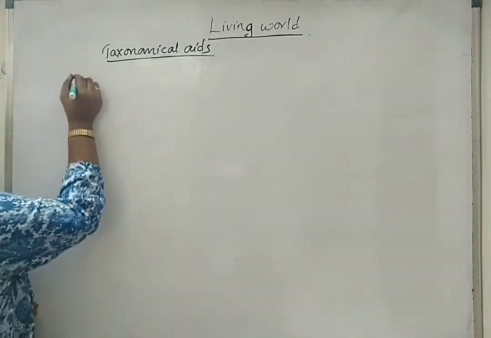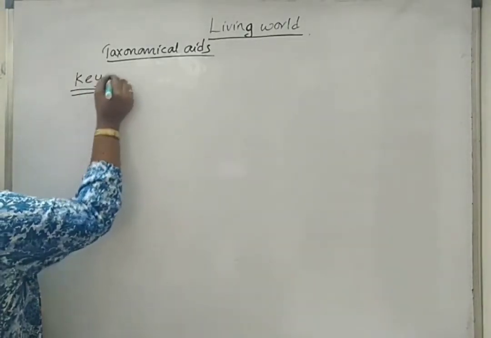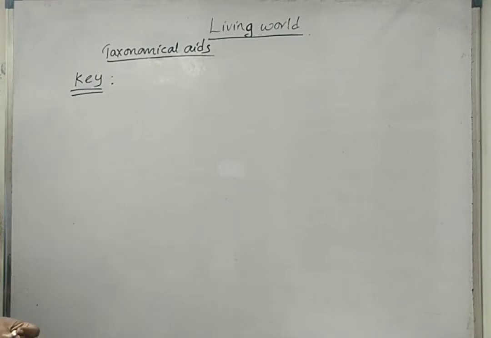Next taxonomical aid is key. What is meant by key? Keys are taxonomical aids that are based on contrasting characters, generally in a pair.